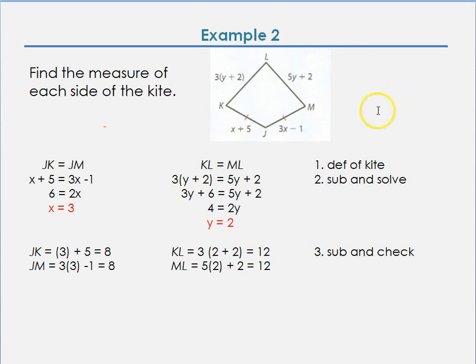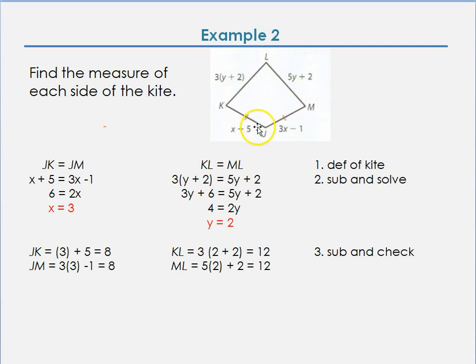Example 2. You use these facts to solve a problem. So it says find the measure of each side of the kite. To be able to do this, you have to remember what property values the kite has. It has two lengths that will be congruent, that are meeting at the same vertex, and then it'll have two more lengths that are congruent that meet at the opposite vertex.